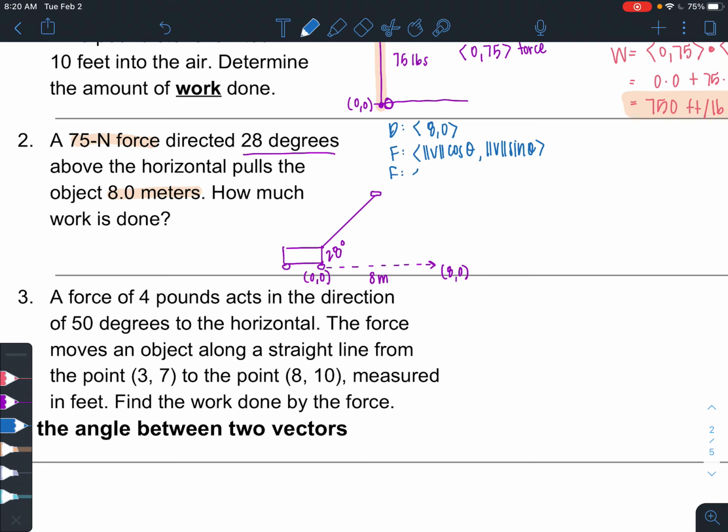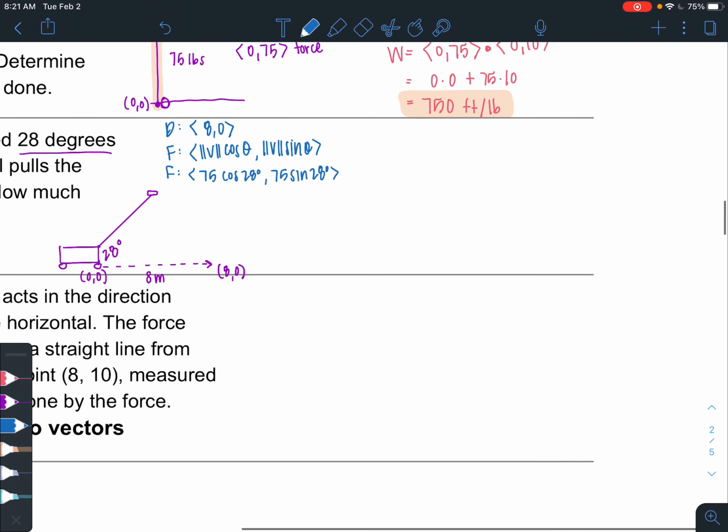So this force vector with the 28 degrees is 75 cosine of 28 degrees, and 75 sine of 28 degrees. Then we'll put the two together, doing force dot direction, labeled correctly.